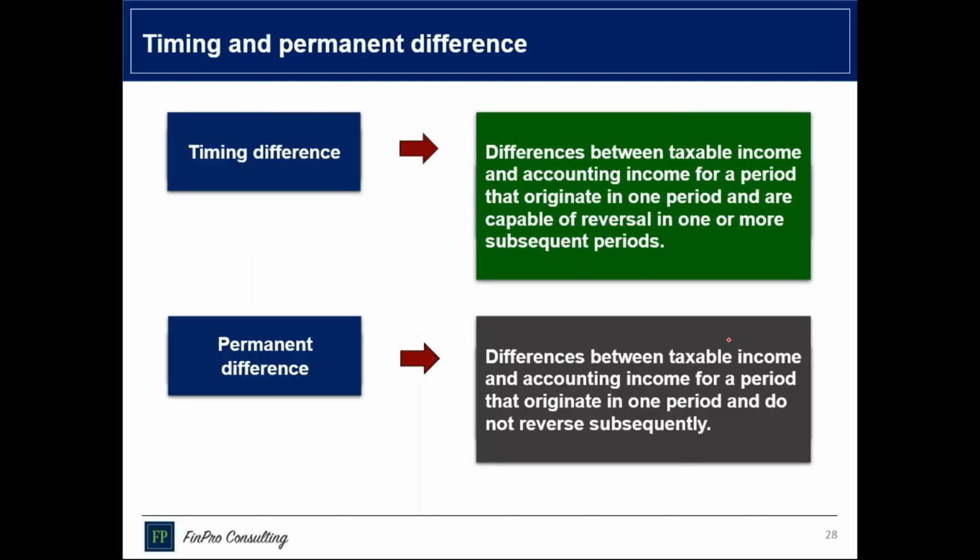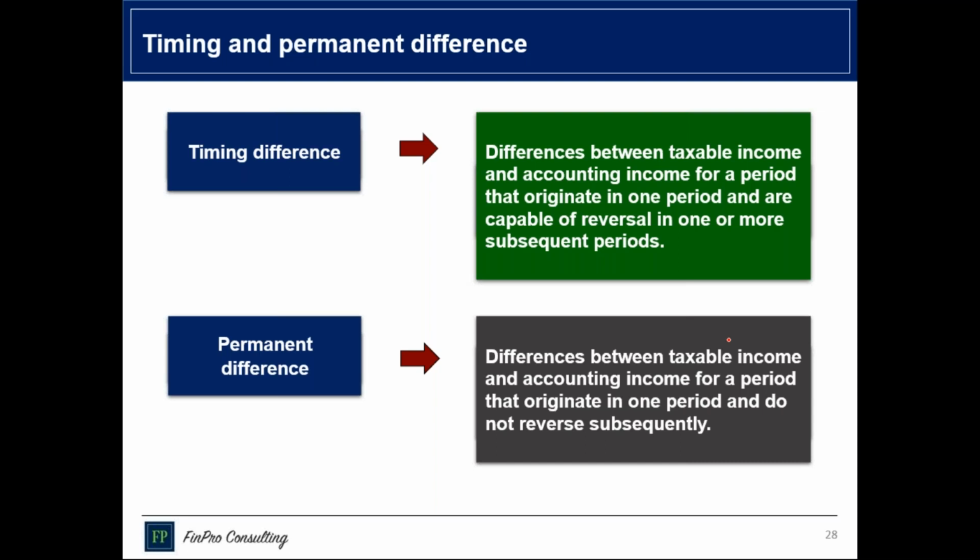Timing difference is the difference between the taxable income and the accounting income for a period that originates in one period and is capable of reversal in one or more subsequent periods. Basically, there could be differences in your profit before tax as per your accounting books and tax books, because the accounting rules and income tax rules are different.